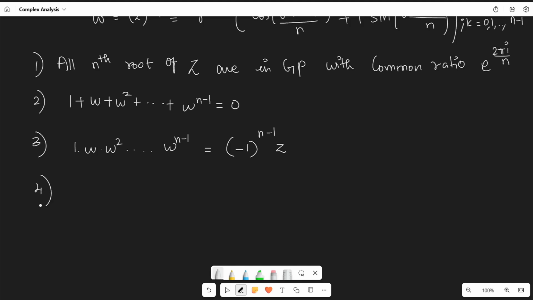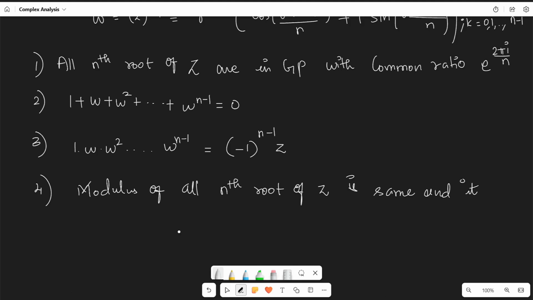And then the fourth property: the modulus of all nth roots of z is the same and it is equal to r power 1 by n, or modulus of z the whole power 1 by n.